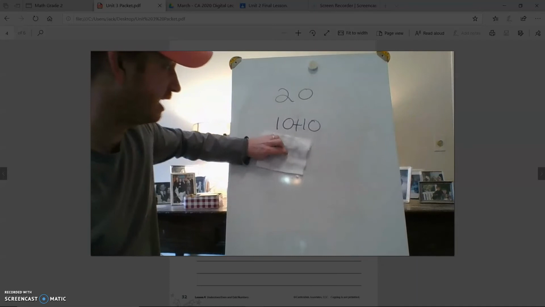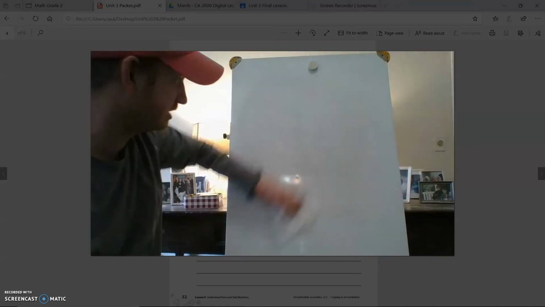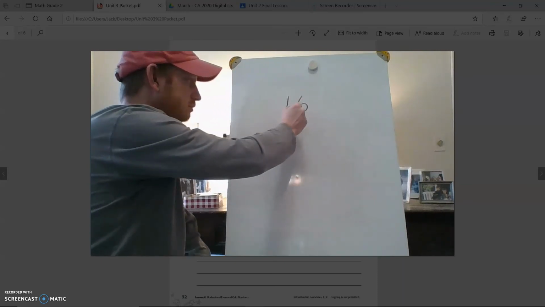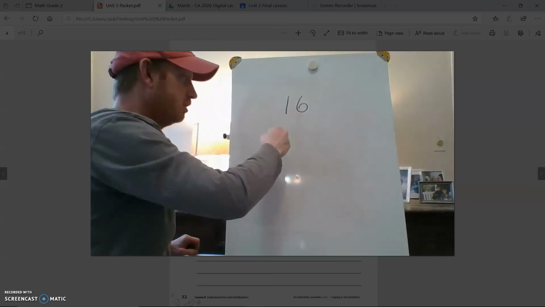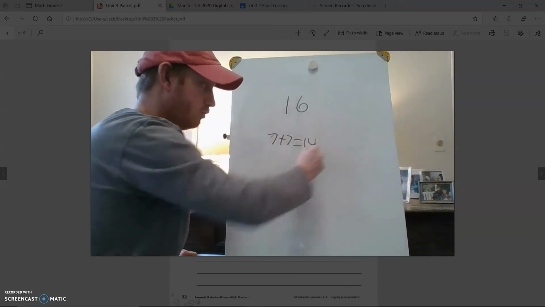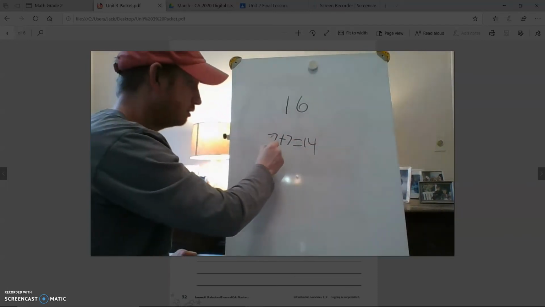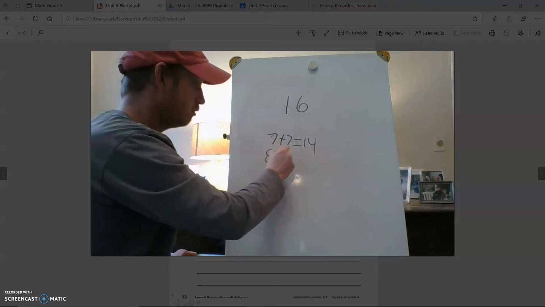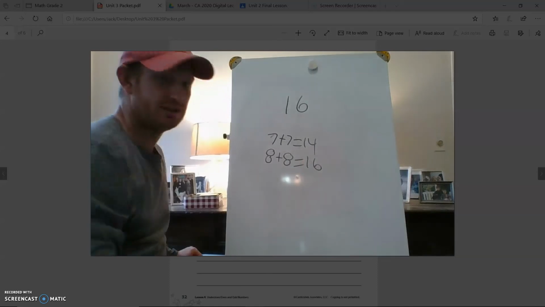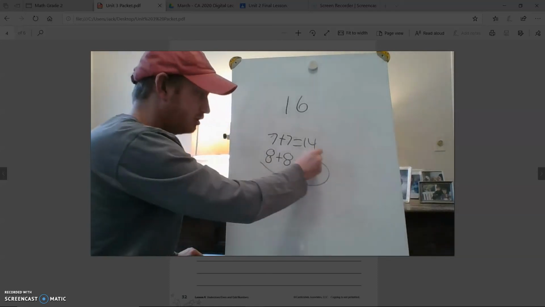And then the last one we had was 16. So we already know that 7 plus 7 is 14. So if we do the next number, 8 plus 8, you'll see that that's 16. And so that's our doubles fact.